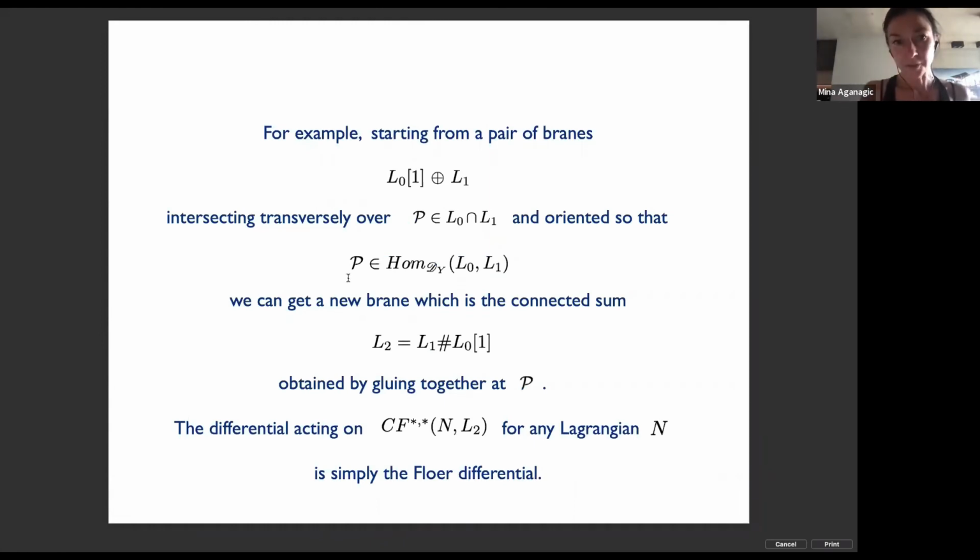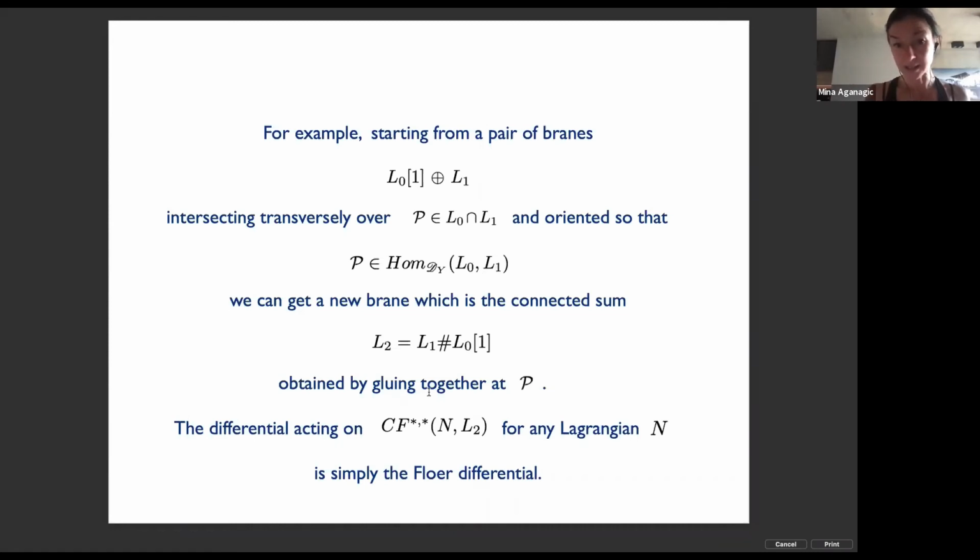For example, starting from a pair of branes that intersect transversely over some intersection point, with orientations chosen so that the intersection point corresponds to a Maslov index 0 hom from L0 to L1, we can get a new brane, which is a connected sum of L1 with L0, with grading shifted by 1 or orientation flip, obtained by gluing them together at the corresponding point.